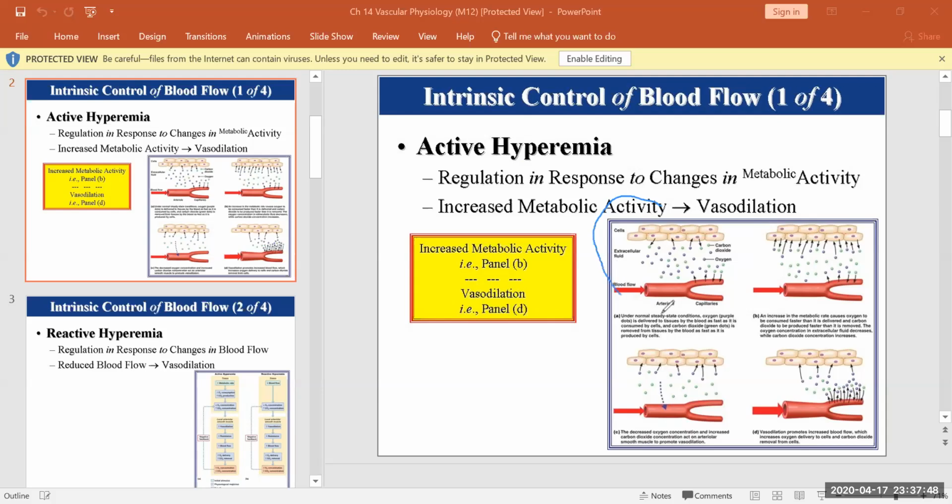So under normal homeostatic conditions at rest, you will have tissues that are consuming the same amount of oxygen that's being delivered by the blood vessels. And the same amount of carbon dioxide being produced by these cells will be picked up, disposed by the blood vessels.